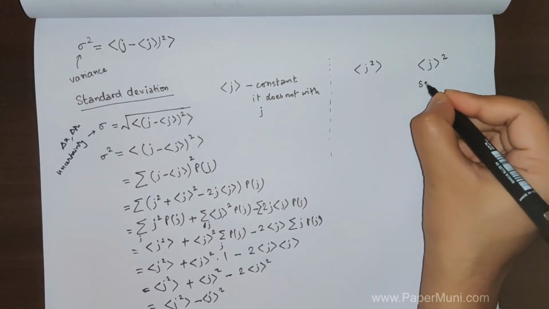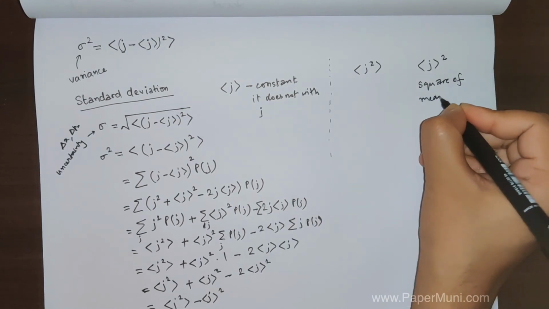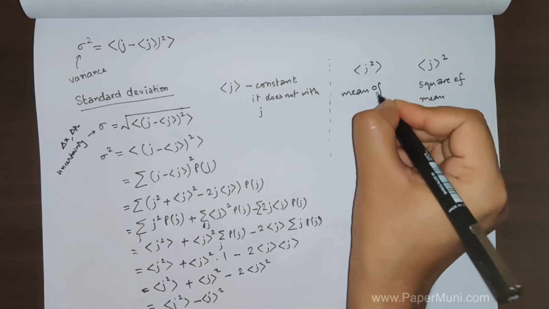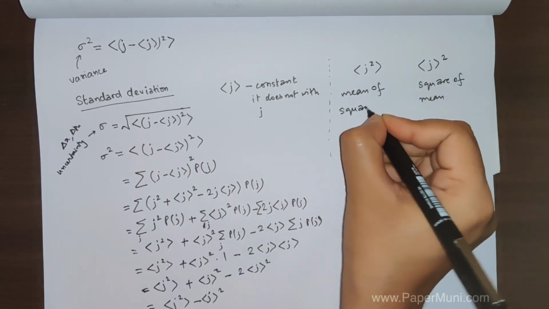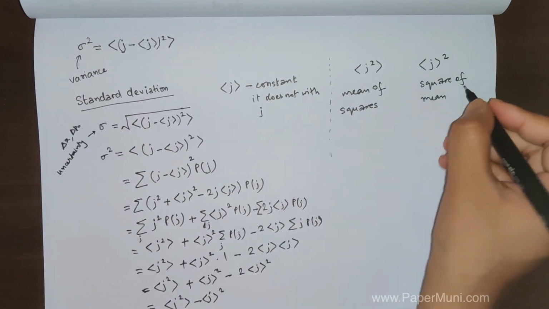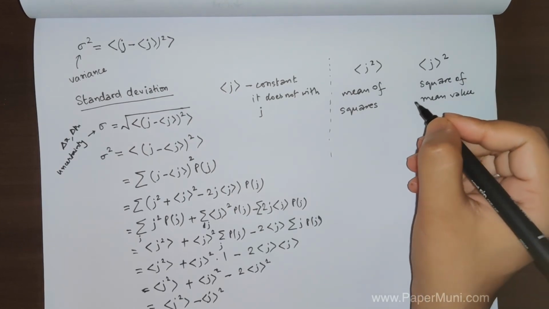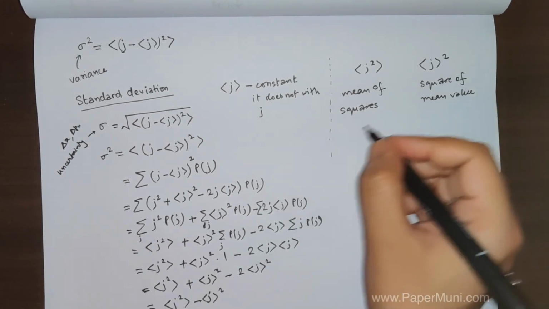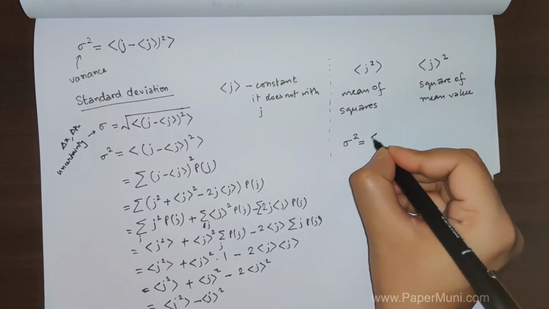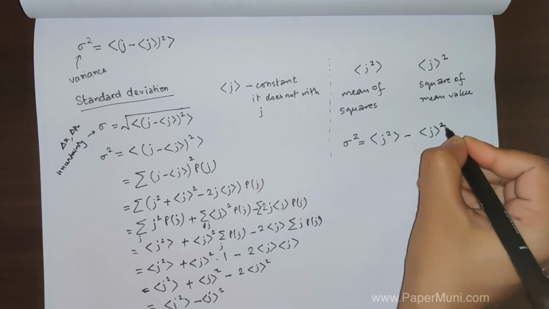This is the square of the mean, and this is the mean of the squares. Okay, these are two different things. So what we get is sigma square is equal to mean of j square minus the square of the mean.